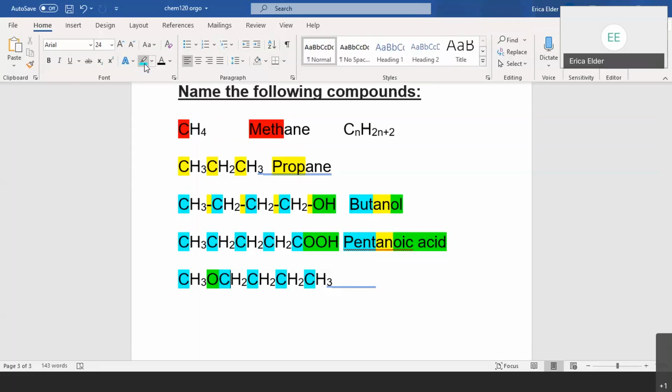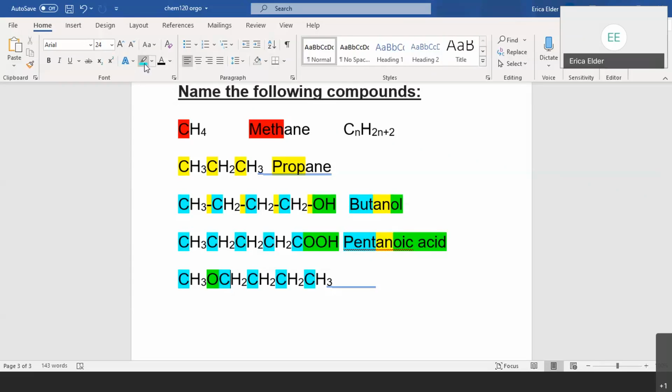Now, the only other caveat to this, or the only other special case, is that when you're dealing with ethers, you're going to put your hydrocarbon chains or runs in alphabetical order, no matter how they appear in your structure.